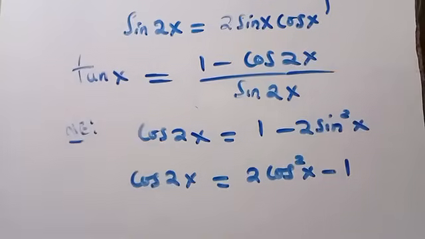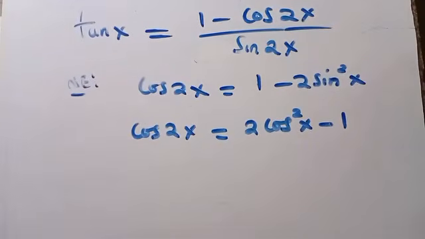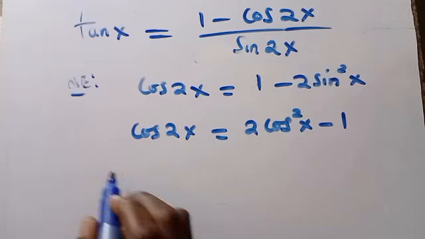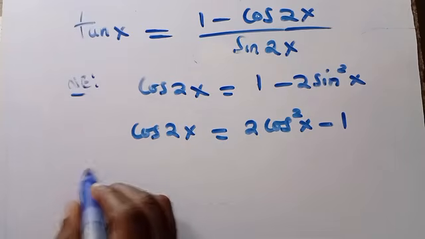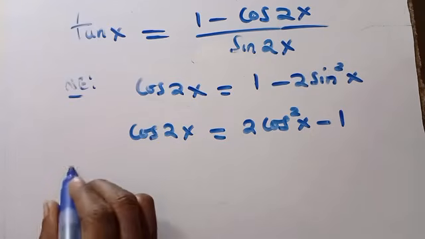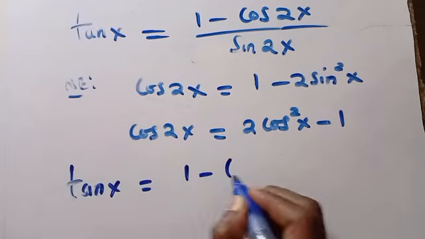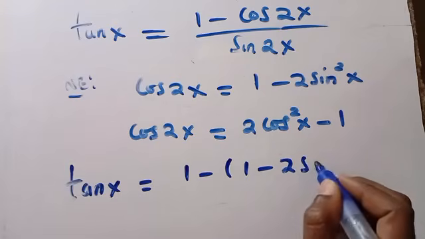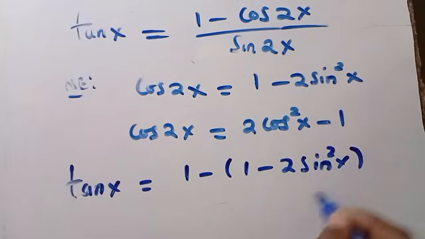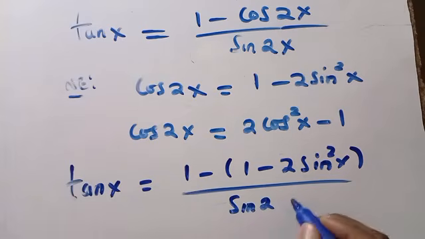So let's try and replace this. We are applying the first one. We are going to have tan x equals 1 minus open bracket 1 minus 2 sine squared x, so we are trying to prove this relation, divided by sine 2x.